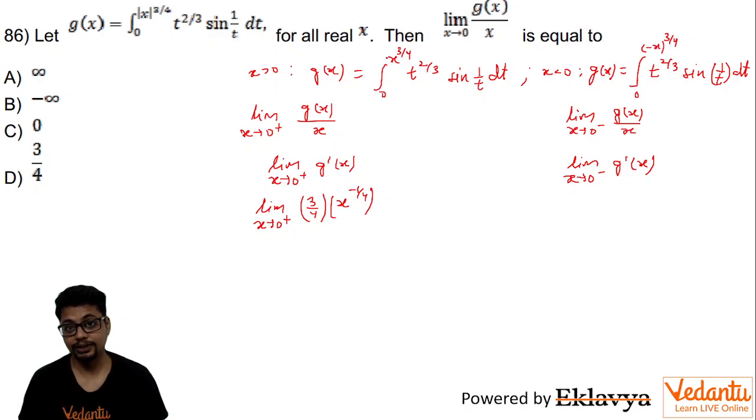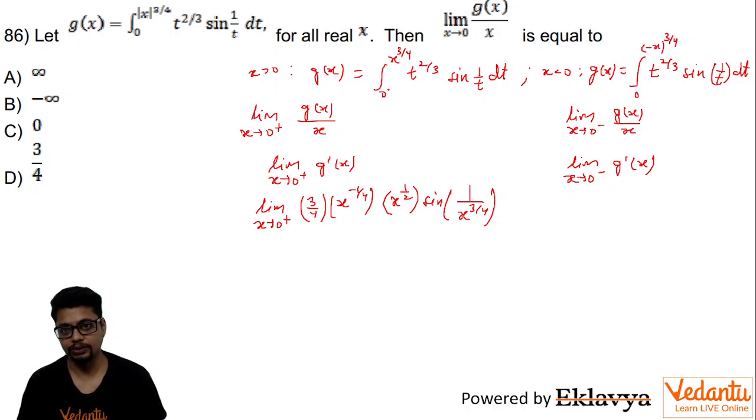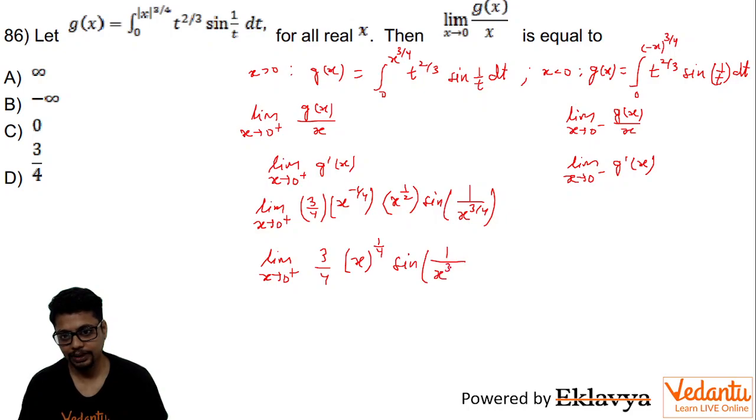You differentiate the upper limit, and as you put t to be x to the power 3 by 4, you get x to the power half sine 1 by x to the power 3 by 4. And the lower limit is anyway constant, 0, so the corresponding term in differentiation would also be 0. So here you get limit x tending to 0 plus, 3 by 4 x to the power 1 by 4 sine 1 by x to the power 3 by 4.